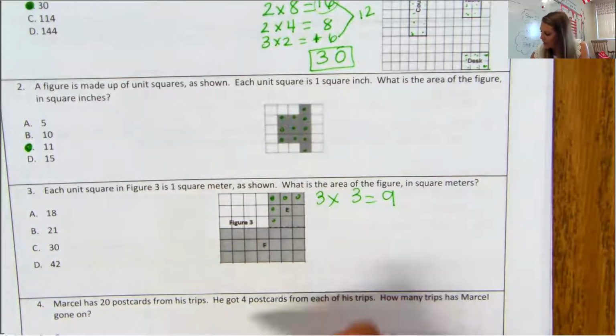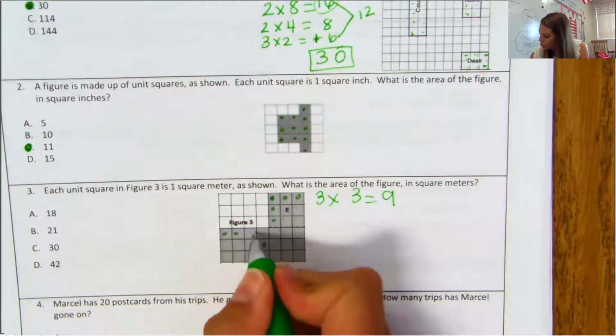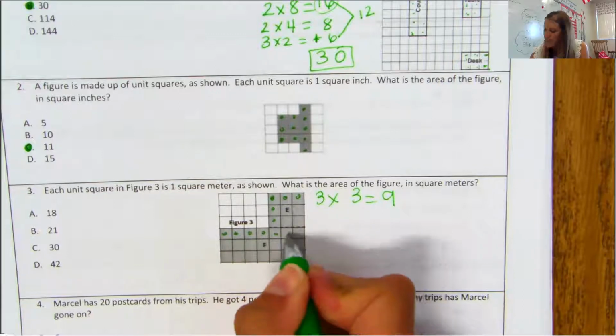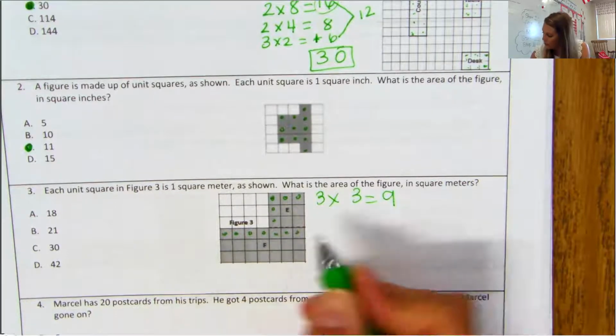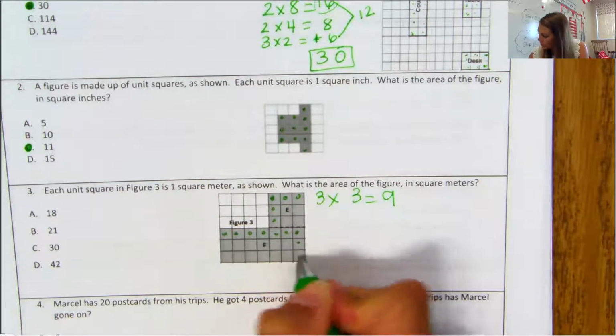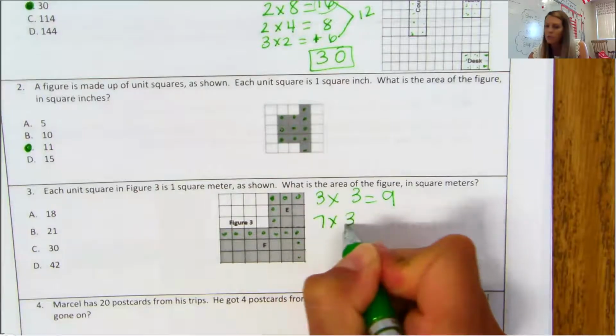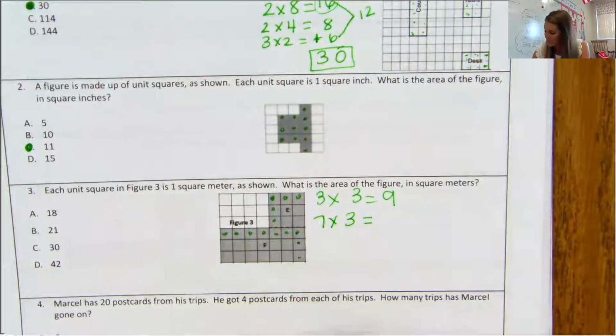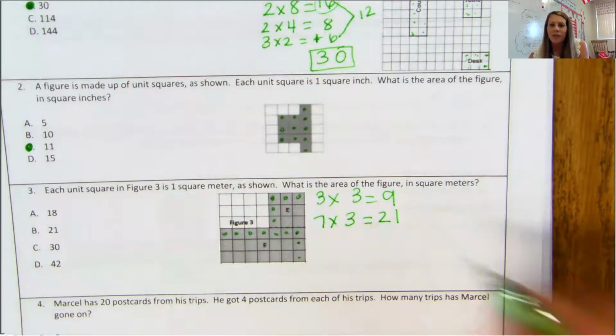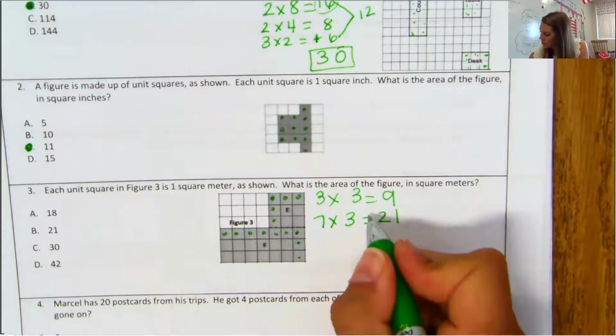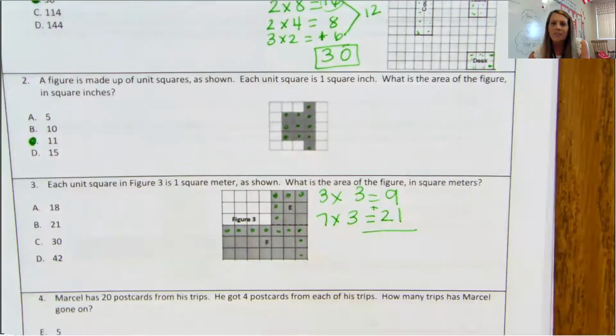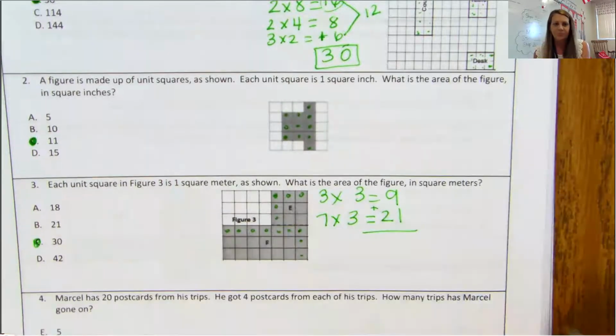Now let's look down at F. You've got 1, 2, 3, 4, 5, 6, 7, and we've got 1, 2, 3. 7 times 3, or if you counted all the squares in F, you should have gotten 21. So then, what's our next step? We have to add them together. And 9 plus 21 equals 30.